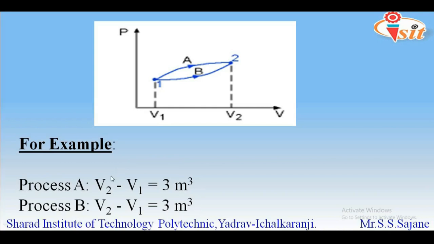This shows that this property, or this change in volume, is not dependent on what path the system has taken, but it is dependent on the end states. This point 1 and point 2 are the end states. So the change in volume is just dependent on these end states and not on the path which it has taken. So this is the concept of point function.